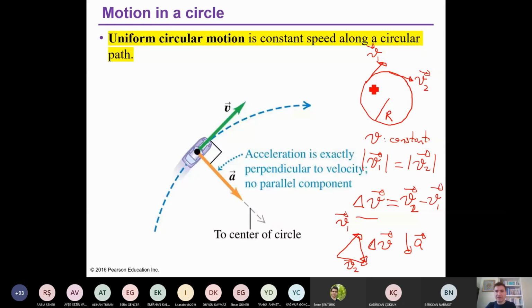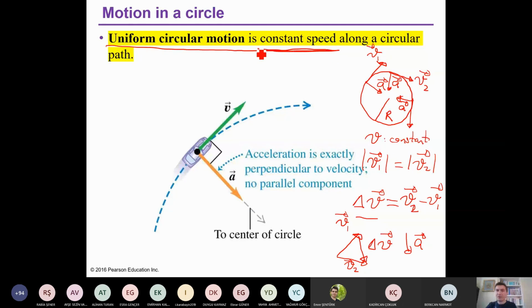So for this reason, at any moment, the acceleration is from the path toward the center. Here we have acceleration toward the center, and then here again toward the center. This is uniform circular motion with constant speed.